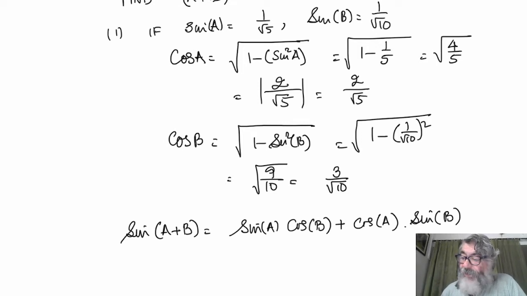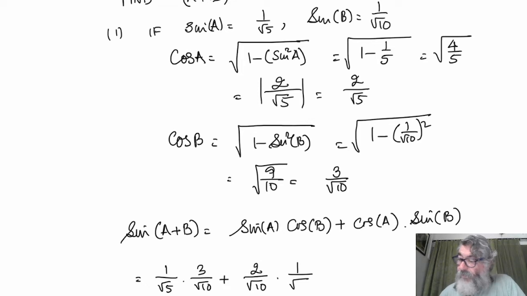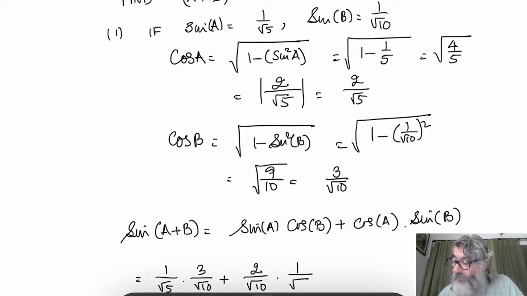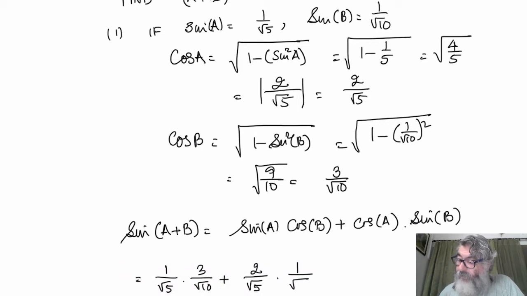So I've got the value of sin A as 1 upon root 5, the value of cos B as 3 upon root 10, plus cos A as 2 upon root 5, and sin B is given as 1 upon root 10.